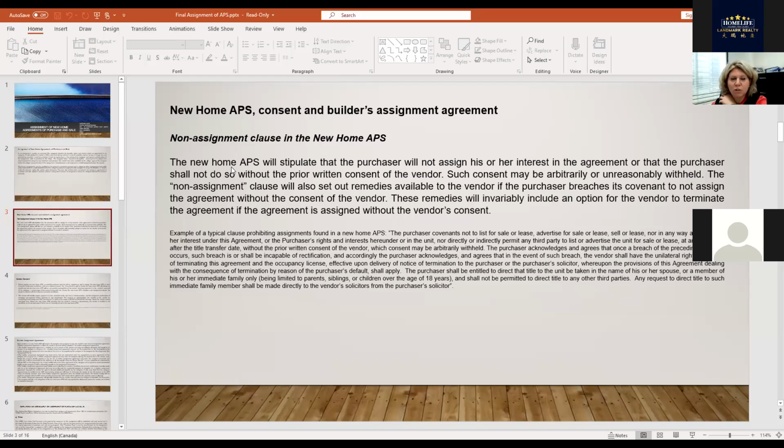So when you review an original agreement of purchase and sale with your client, you may want to negotiate right away the fees for the assignment. You want to decrease them, because if tomorrow your client wants to assign the agreement, he wants to make a profit. If the profit is $50,000, you have to deduct $15,000 to be paid to the developer for his consent.